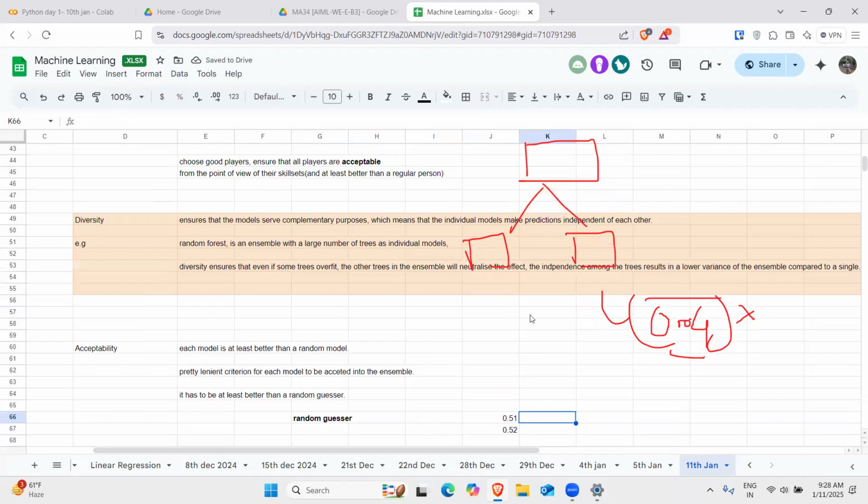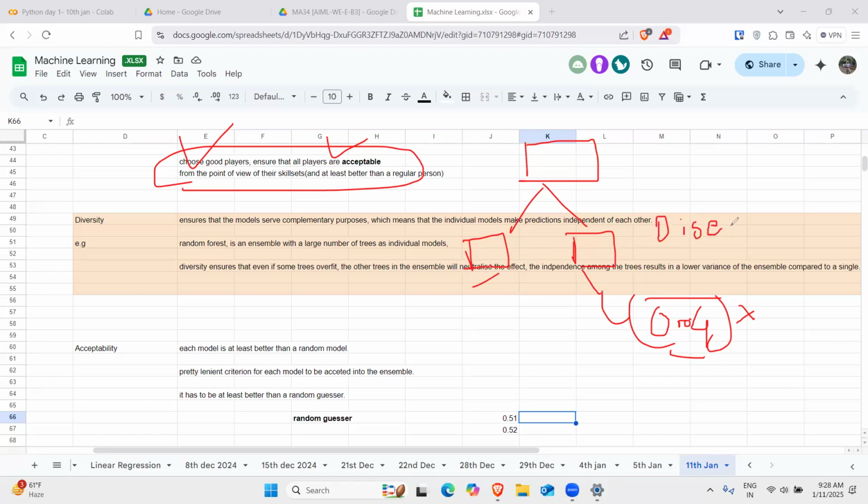So just like for an example, you want to choose good players, so they should be acceptable. They should be good. So here also, you are creating a decision tree that should be able to classify a person as having disease or not. The accuracy should be at least greater than 0.5, right?